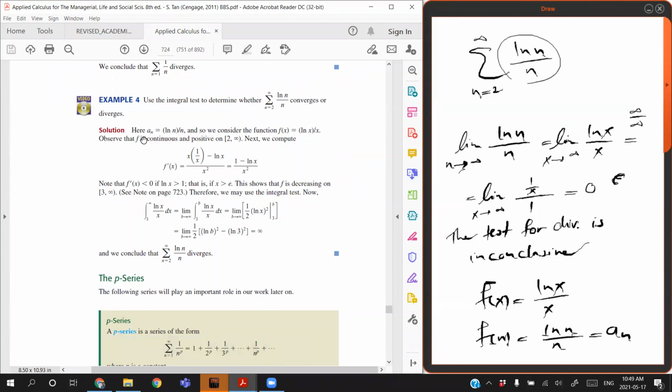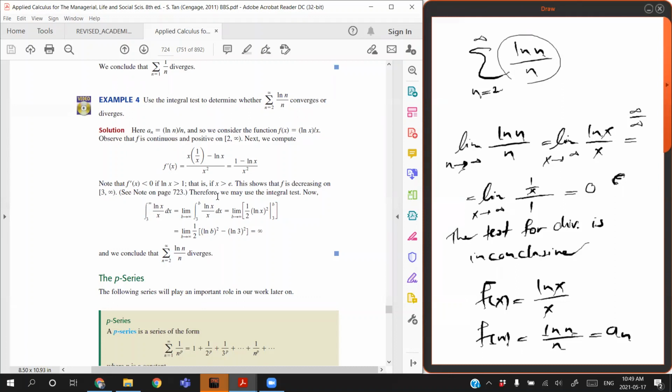It says that an is ln of n over n, and so we consider the function ln of x over x. Observe that this function is continuous, positive, and also decreasing from 2 to infinity. In order to check this, you need to look at the first derivative. You can see that the first derivative is going to be negative when x is greater than e.